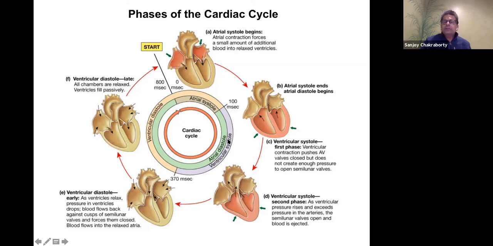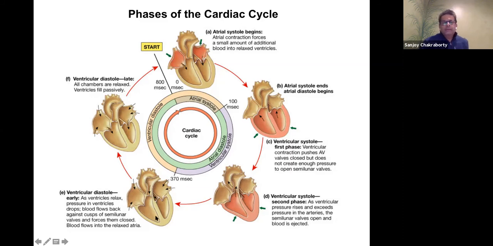The word systole means contraction, diastole means relaxation. Once ventricle undergoes systole, the blood goes into the aorta and the pulmonary trunk respectively. From left ventricle, it goes into the aorta. From right ventricle, it goes into the pulmonary trunk, and then ventricle relaxes. Then ventricle and atrium both relax until that pause is over, and the new cycle begins.